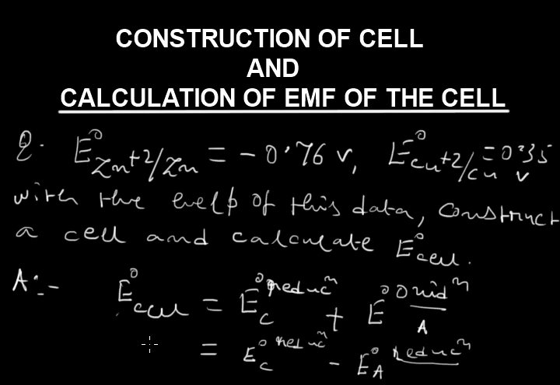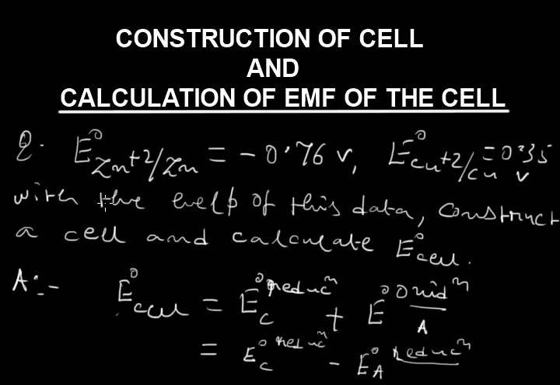So we write E0 cell equal to E0 cathode reduction minus E0 anode reduction. Actually plus E0 oxidation means minus E0 reduction. So there is no harm to write this equation in that form, that is E0 cathode minus E0 anode. Mind it, at cathode all the values are written in form of reduction potential.